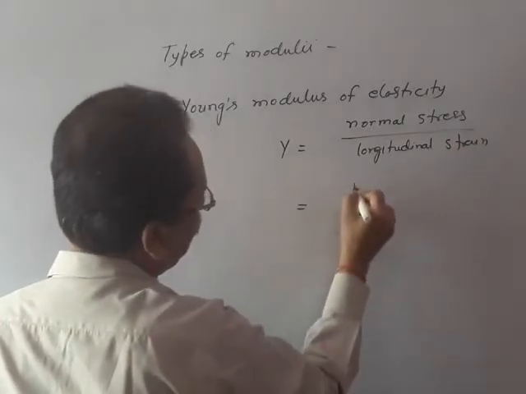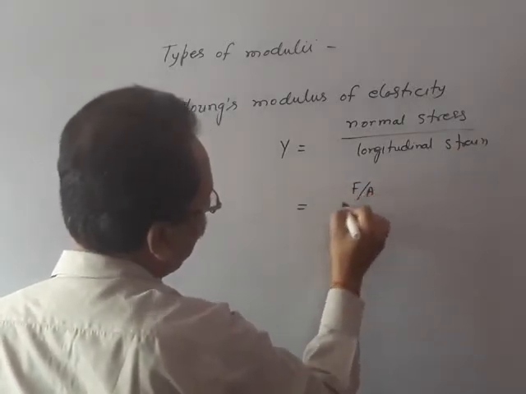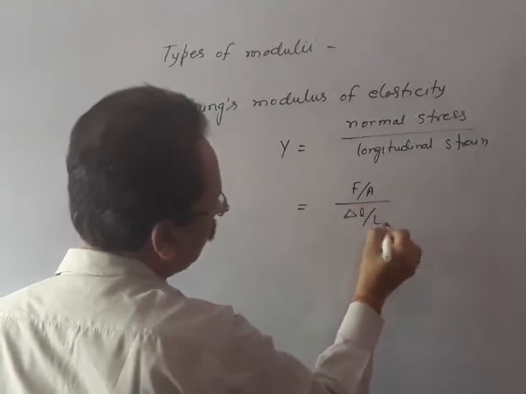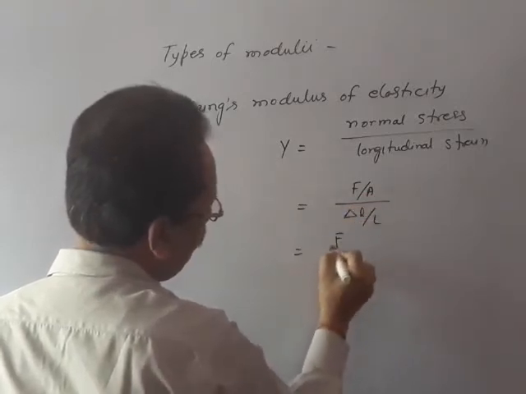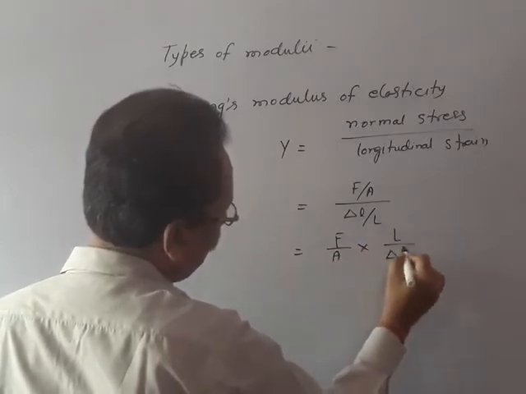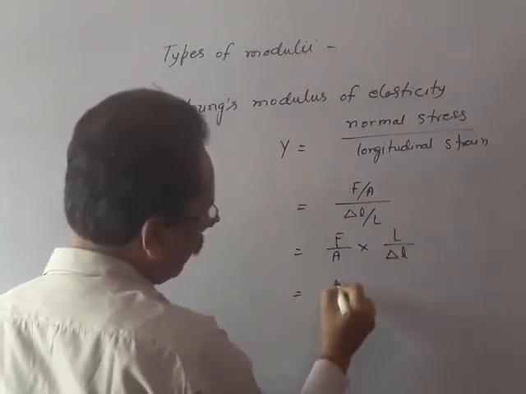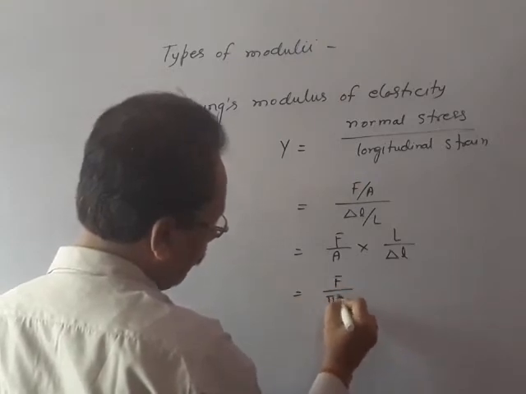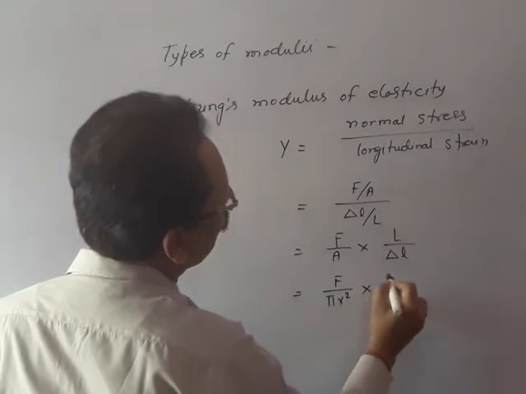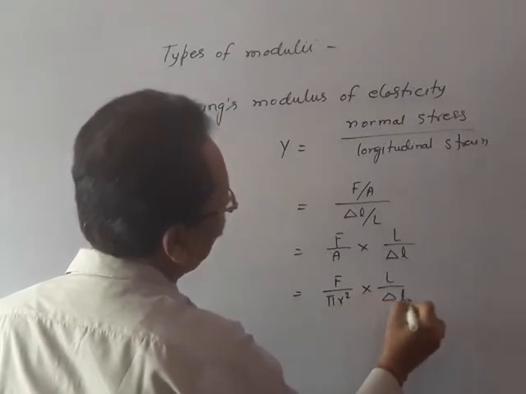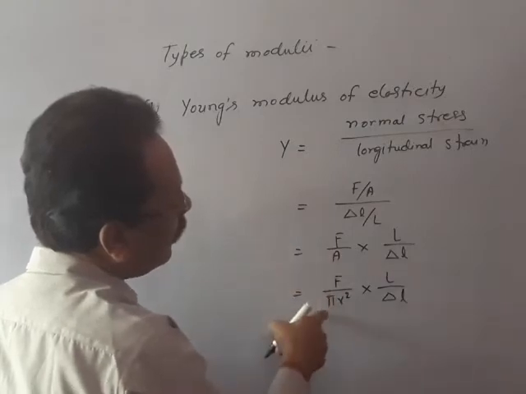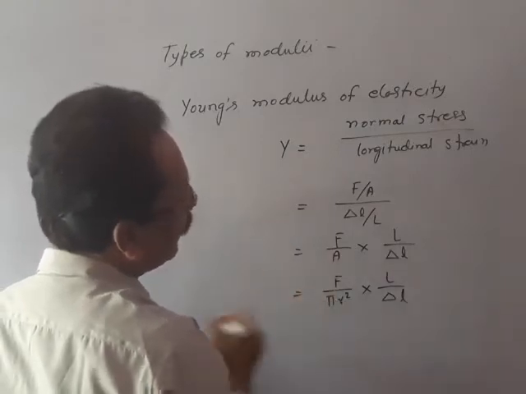Normal stress is force by area, and longitudinal strain is change in length to original length. So we may write Y equal to F by A into L by del L, or F by pi r square into L by del L, since the area of a circle is pi r square.